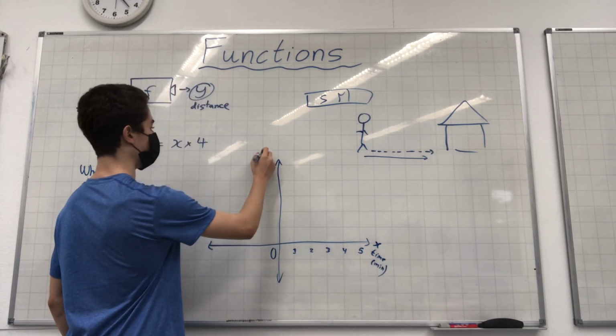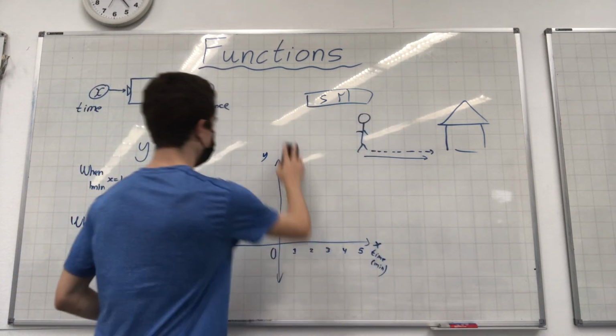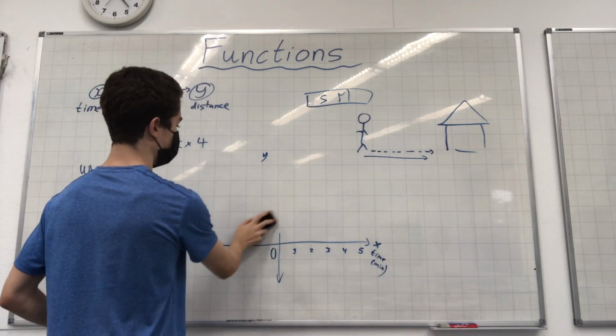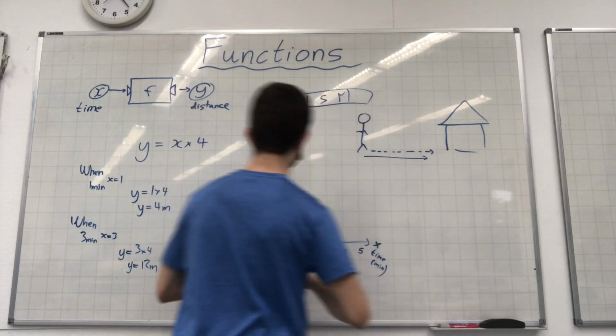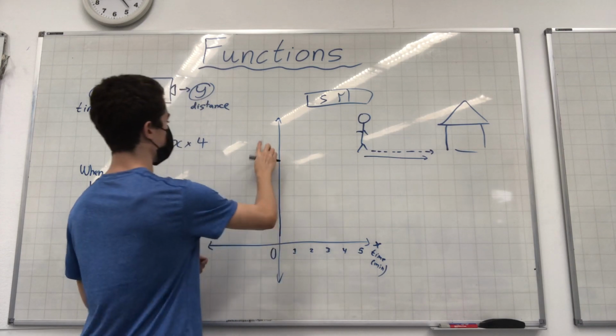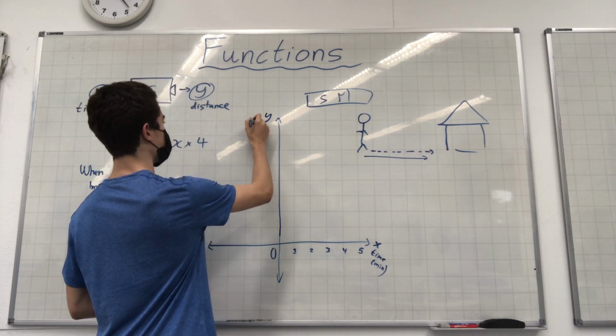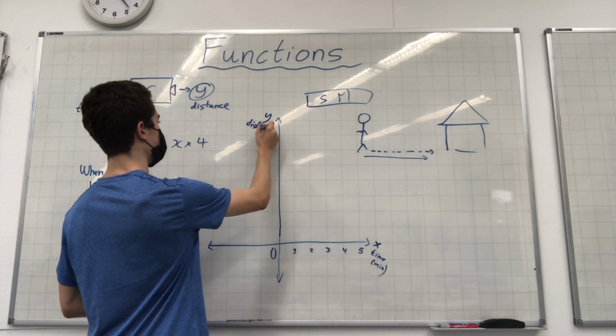And this is our y. Ooh, I might have to make it higher. Wait. Let me make it bigger. This is our y. In other words, the distance. Okay? In meters.